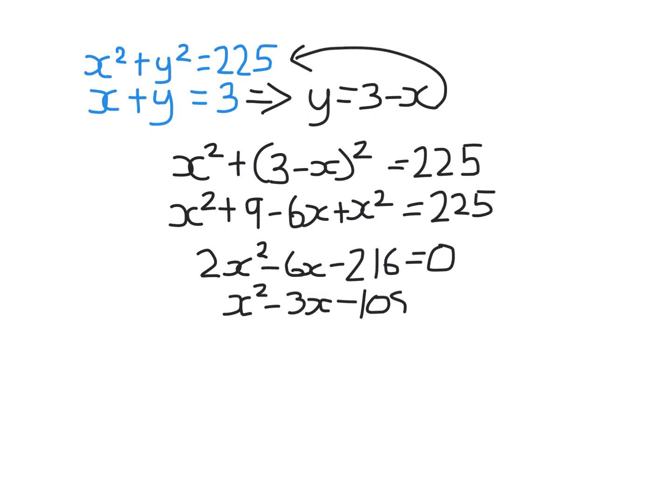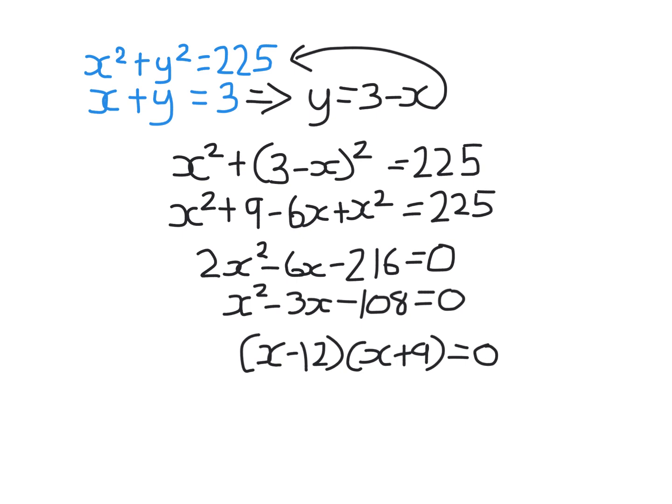Now for this one, I'll just use factorization, because it's very easy to find two numbers that multiply to negative 108 and add to negative 3. They are, of course, negative 12 and positive 9. So once again, I have two solutions for x. I have x equals positive 12 or x equals negative 9.